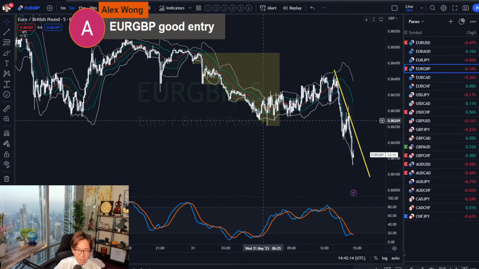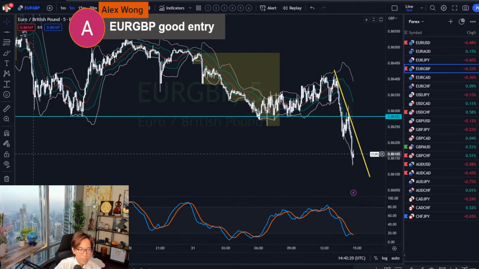Okay, so this level, there was a strong support level, multiple times supported, and then it became a resistance. So yeah, this is nicely bearish.